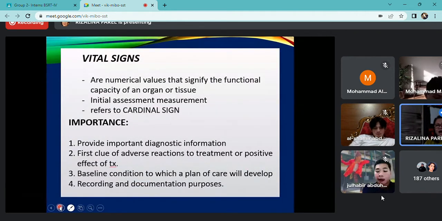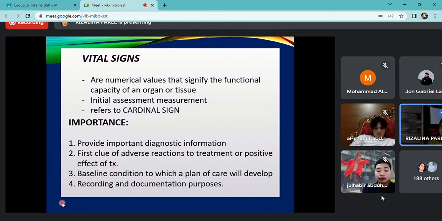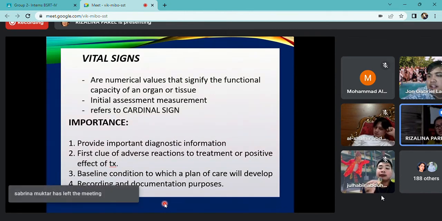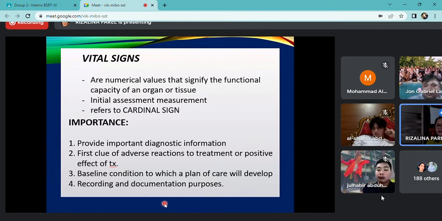Okay. Under sa objective findings, kanina, na-discuss natin yung vital signs. And for further study of your vital signs, these are your numerical values that signify the functional capacity of an organ or tissue. So initial assessment measurement, and this is what we call as the cardinal sign.